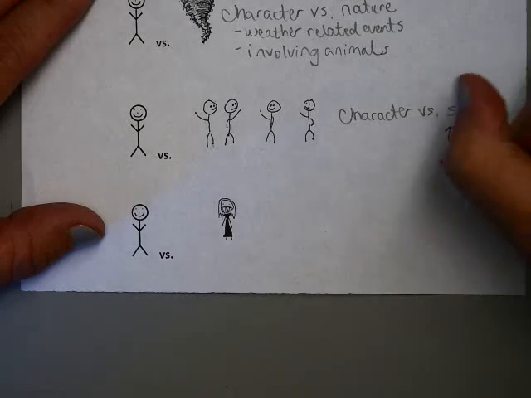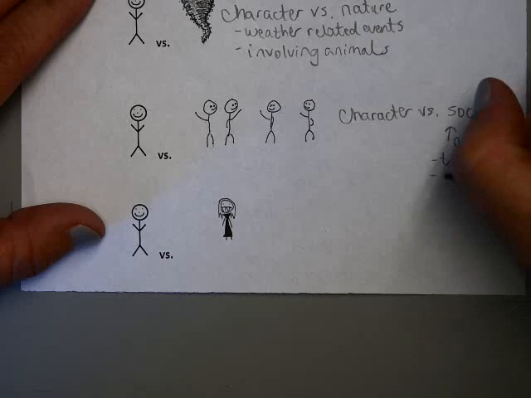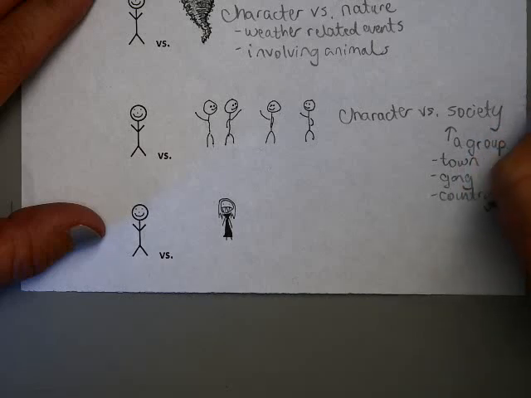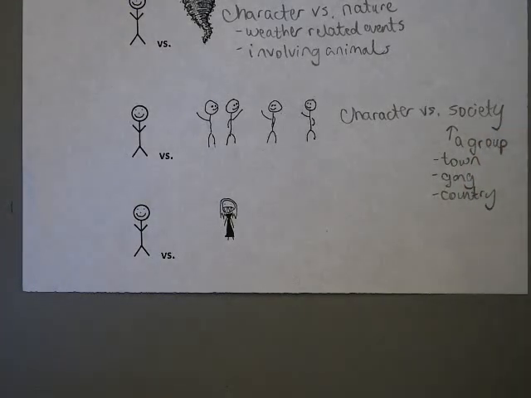So this could be a town, again, an entire country. You know, when we had Edward Snowden last year, who basically leaked out NSA secrets and was kind of a whistleblower for the U.S. government. It was basically that one dude against pretty much our entire government system. So it can be big, it can be small, but it's character versus society.